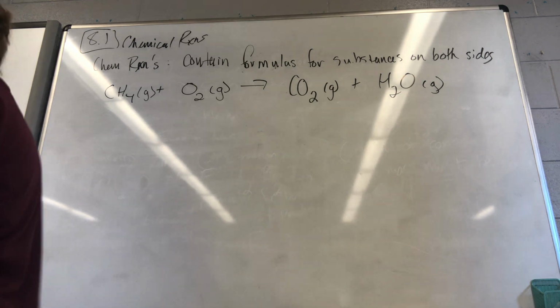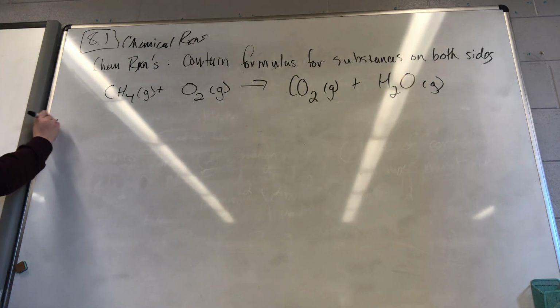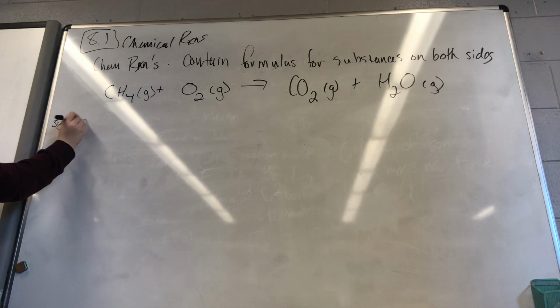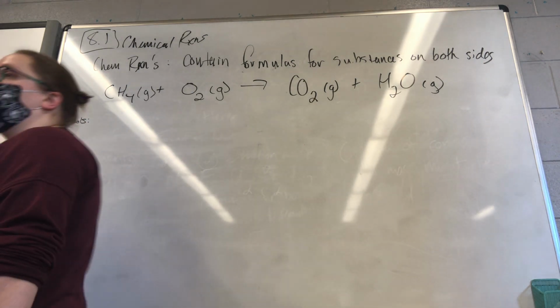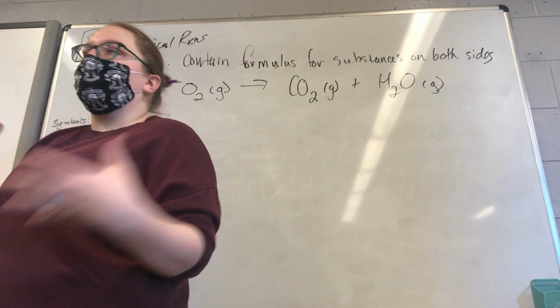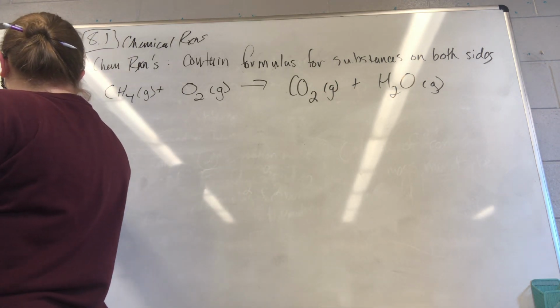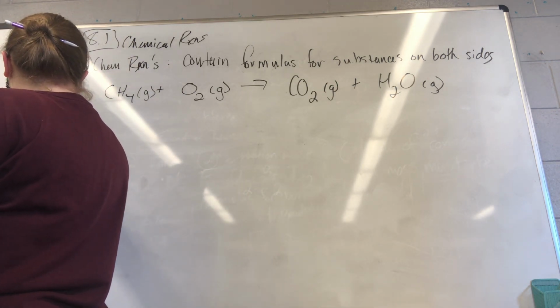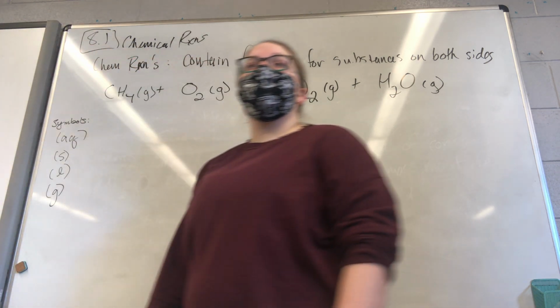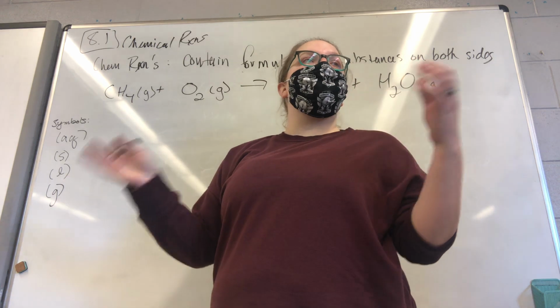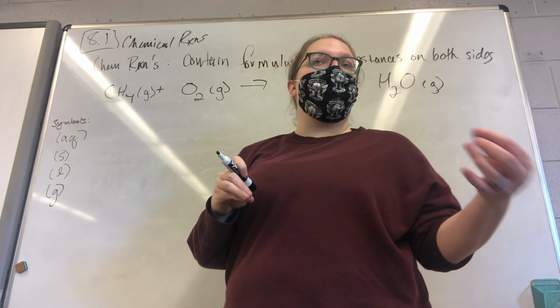One of the things I want to point out are symbols in chemical equations before I get too far and what they mean. And you kind of did this in your activity yesterday or the other 2 days. If you see these kinds of things, they indicate the state of matter that chemical compound is in.